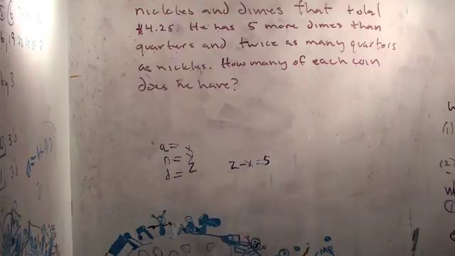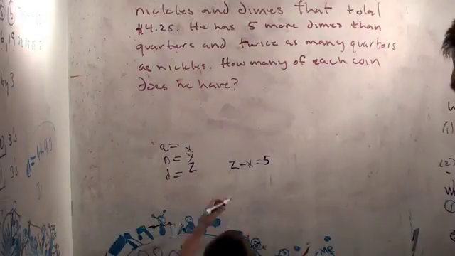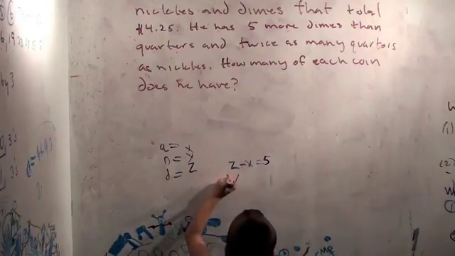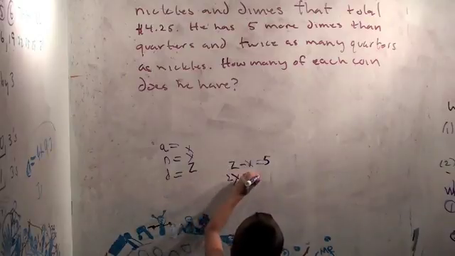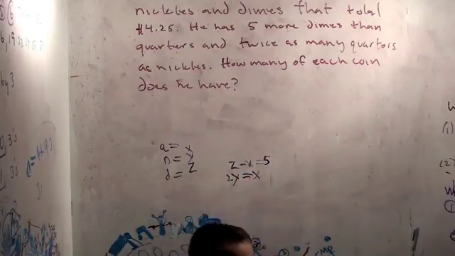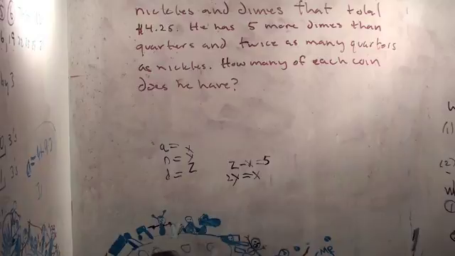He has twice as many quarters as nickels, so I can say 2Y equals X. Very good. So there you have 2 relations between X, Y, and Z.